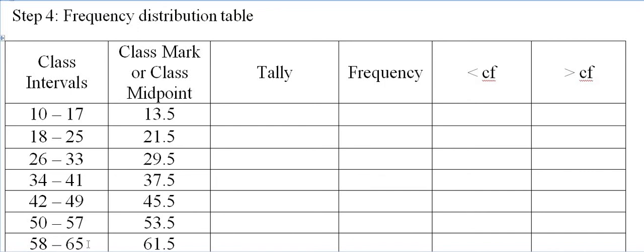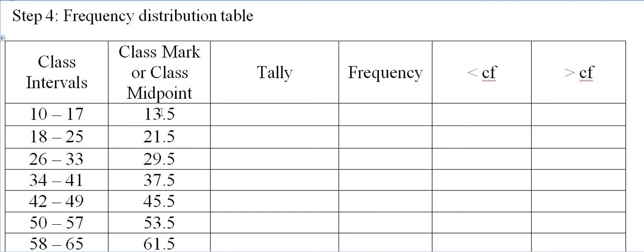The next column of the frequency distribution table is the class mark or class midpoint. Midpoint meaning the middle between the lower class boundary and the upper class boundary of each class interval.